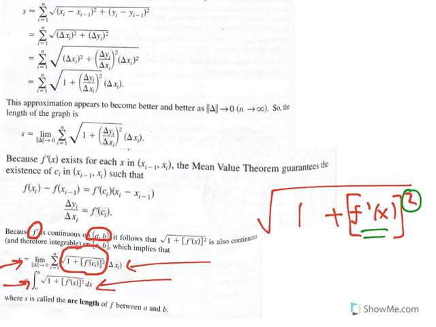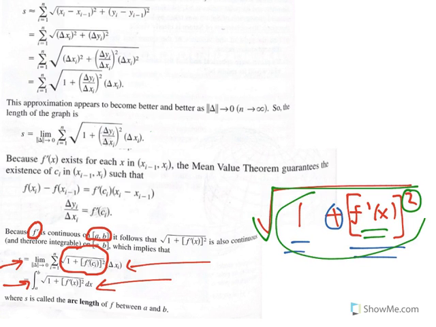That's also something you learned in calculus AB. 1 is a constant function, which is everywhere continuous. So now you have a sum of two continuous functions, which is going to be continuous, also something that you learned in calculus AB. And then you have the square root function, which is continuous, and you have a composition of continuous functions, which is going to be continuous.